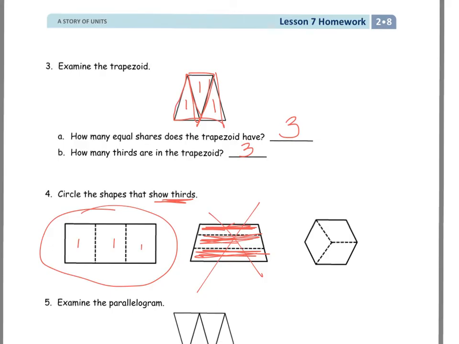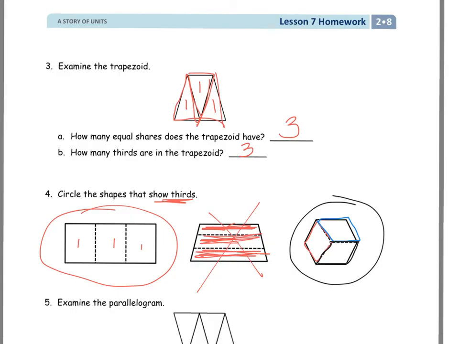This last one, tough to look at. It really is. But I can see that if I twist, I see a diamond there. And I see another one right there. I see another one right there, and that's actually going to be good to show me that they're thirds, because they're 3 equal pieces.